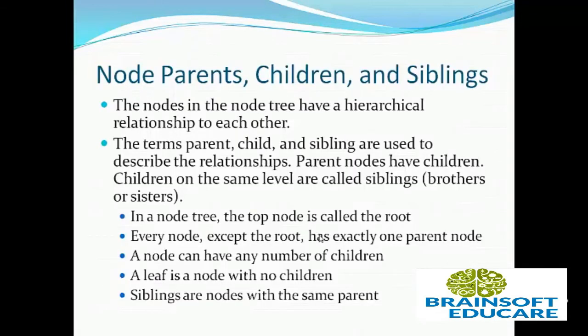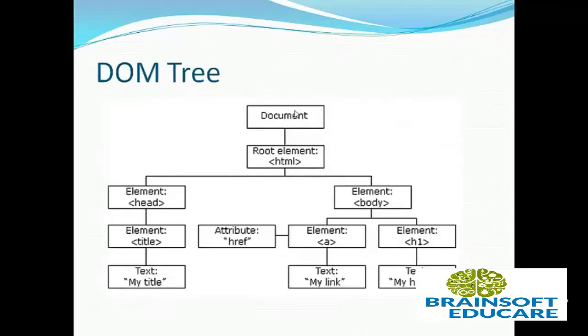Now let's see and discuss node parents, children and siblings. The nodes in the node tree have a hierarchical relationship to each other. The terms parent, child and siblings are used to describe the relationship. A parent node has children. For example, the HTML root element has two children, one is the head and the second is the body.